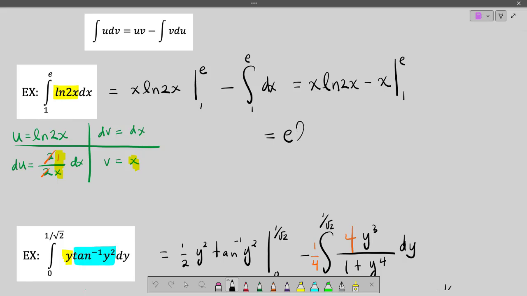We'll get e natural log of 2e minus e. Antiderivative evaluated at upper minus antiderivative evaluated at lower. So minus this, we'll get a 1 here and natural log of 2 there, so it'll be minus natural log of 2. And then it will be minus a minus, so plus 1.